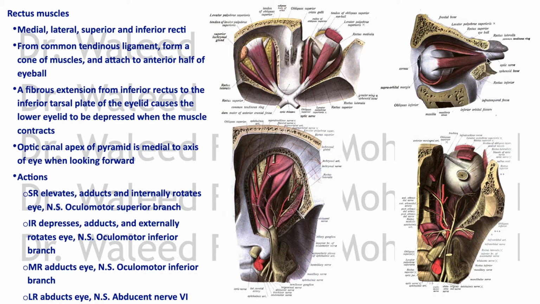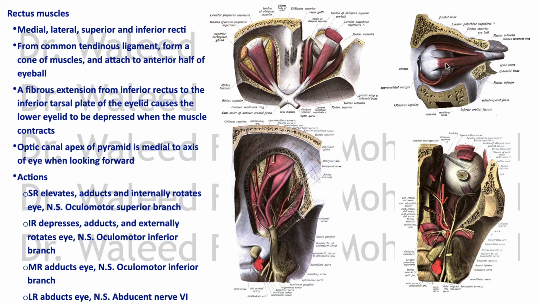Now they all arise from a common tendinous origin formed by the periorbita. Remember when we talked about the periorbita? We mentioned that it forms a ring, a fibrous tissue ring that will act as a common origin for extraocular muscles, right, like the recti muscles.